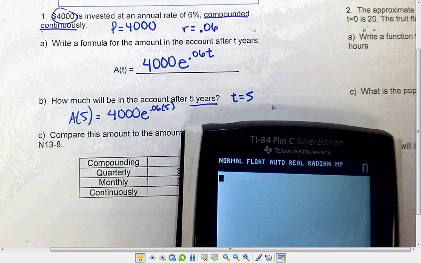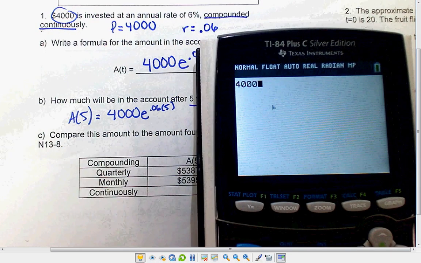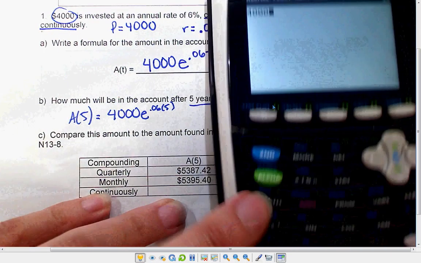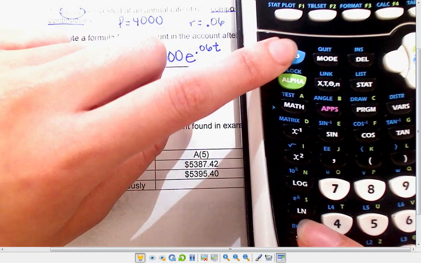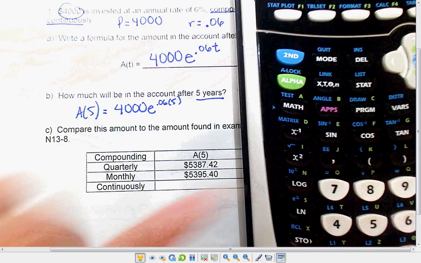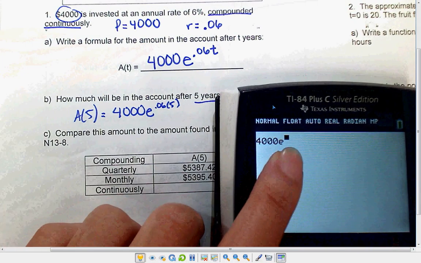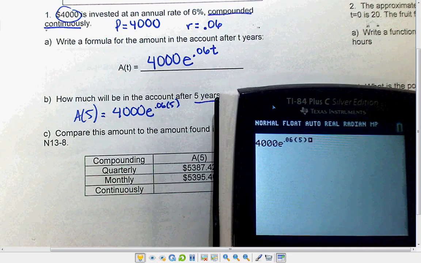In my calculator I'm going to type in 4,000. The e button, there's actually two of them. I'm going to use the one that's second LN. So I push the second button, and then the LN button, which is the one right next to 4. Second LN gives me e to the power of, and then I'm going to type in 0.06 times 5.